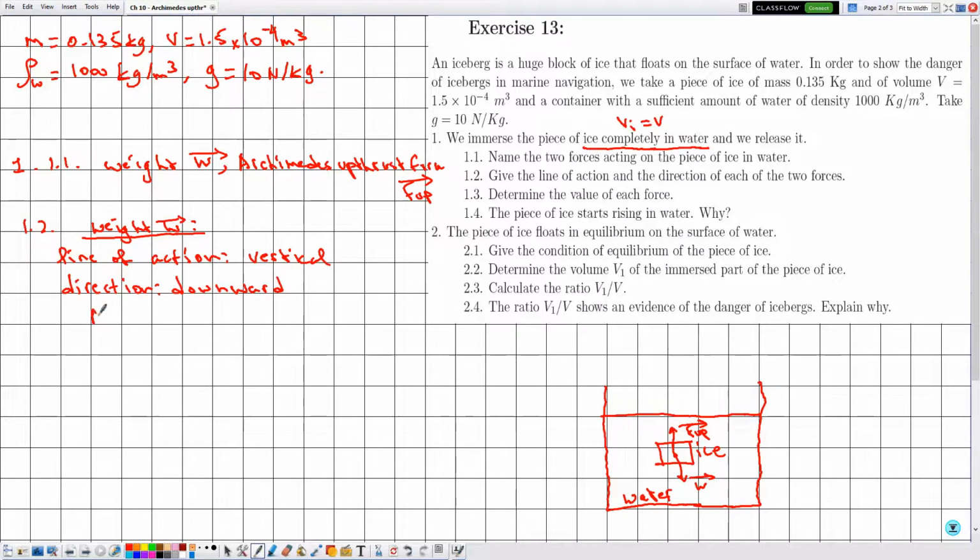Whereas for the Archimedes upthrust, the line of action is also vertical, and the direction is upward in this case.